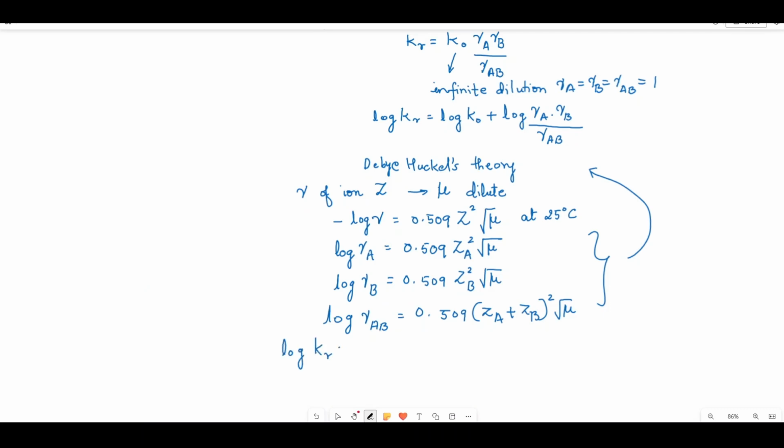That is, log of Kr is equal to log of K0 minus 0.509 ZA square under root of mu plus 0.509 ZB square under root of mu minus, because this we will be taking up, so we will write it as minus 0.509 bracket of ZA plus ZB the whole square under root of mu.